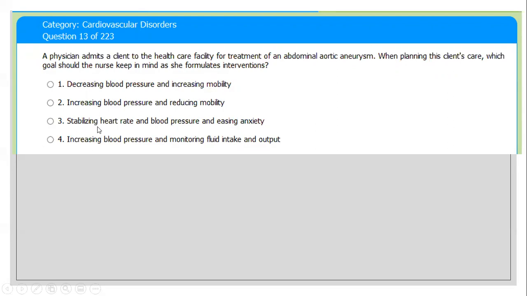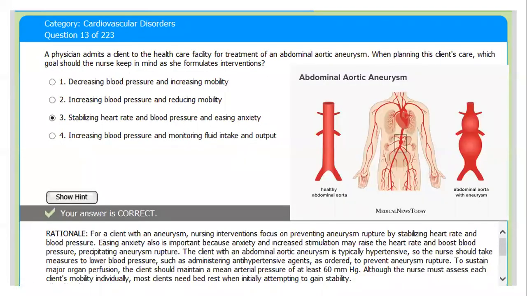Number three, stabilize the heart rate and blood pressure and ease anxiety. Number four, increase blood pressure and monitor fluid intake and output. The correct answer is number three: stabilize the heart rate and blood pressure and ease anxiety.